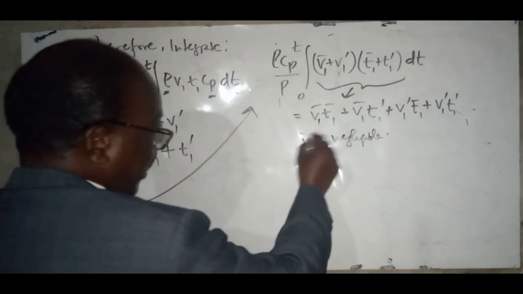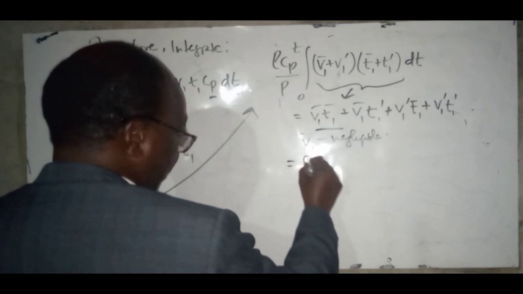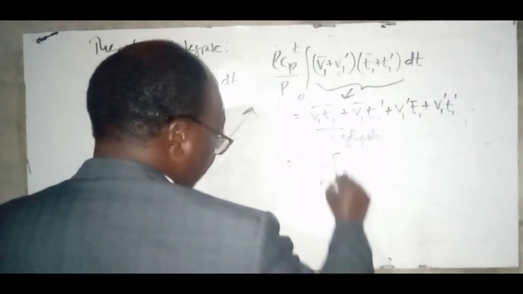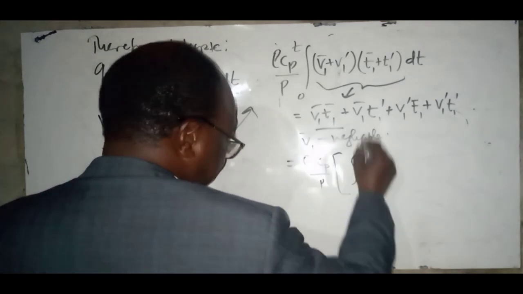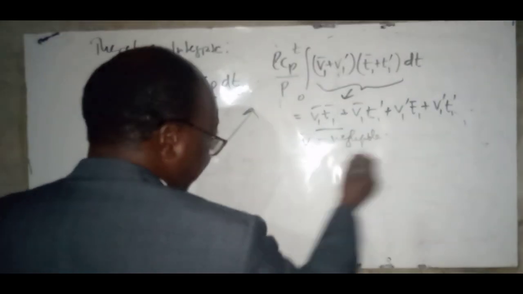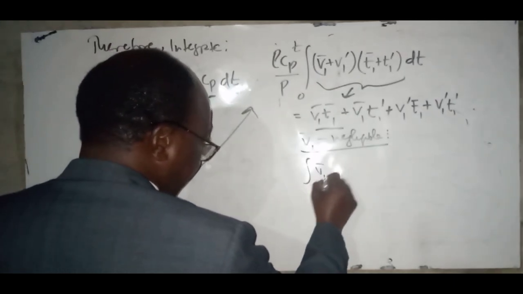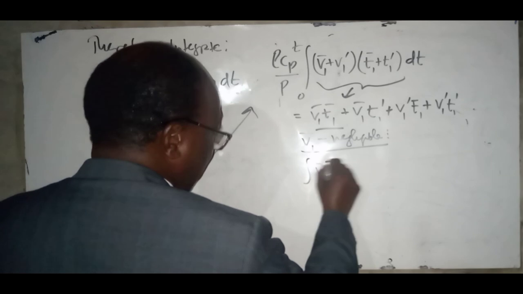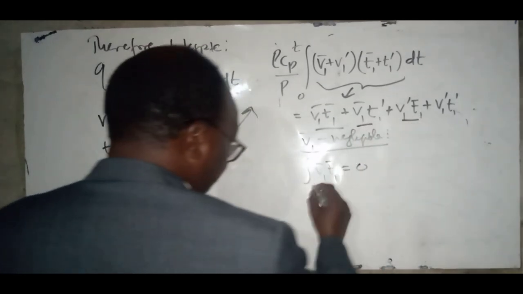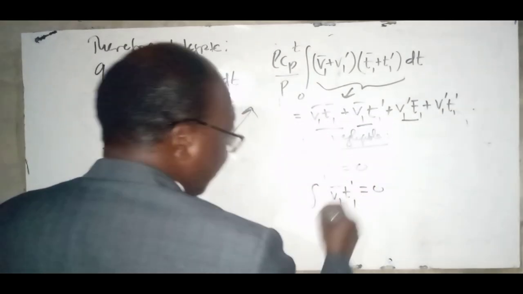So what does it mean? It means that the integral of V bar 1 T bar 1 is 0. The integral of V bar 1 T1 prime is 0.